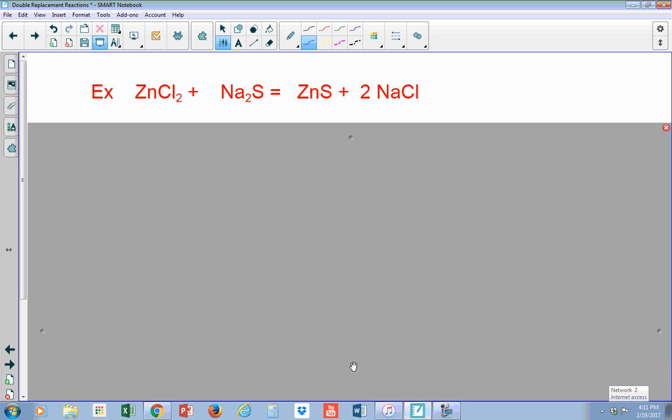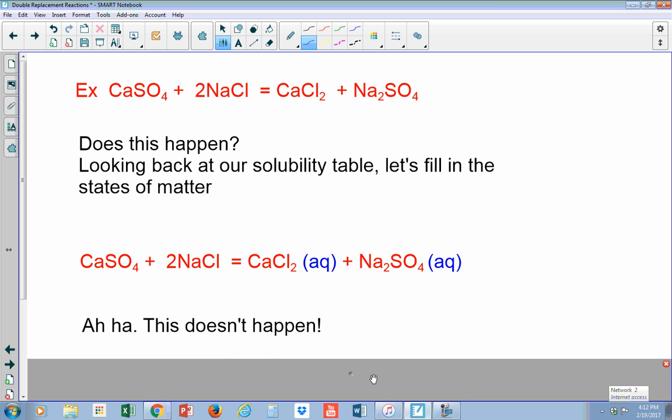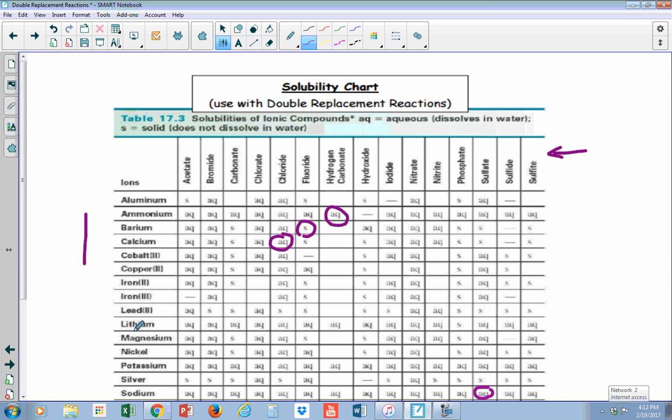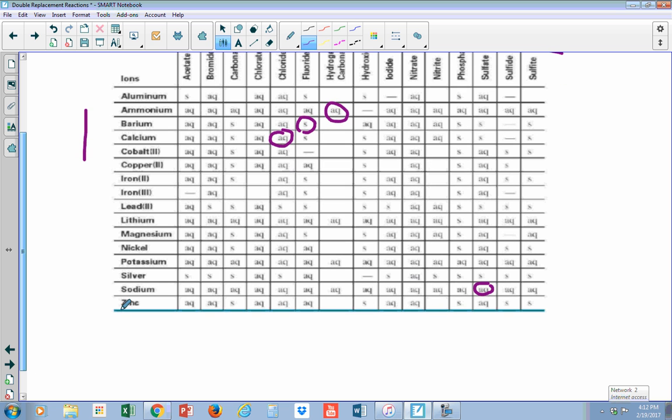Let's take a look at one more, and then we'll finish up. Zinc chloride plus sodium sulfide goes to make zinc sulfide plus sodium chloride. Let's go back up to our table. Zinc sulfide, is that going to be on here? Yeah, there it is. Zinc and sulfide is right. Ooh, that's a solid. And sodium chloride is aqueous.